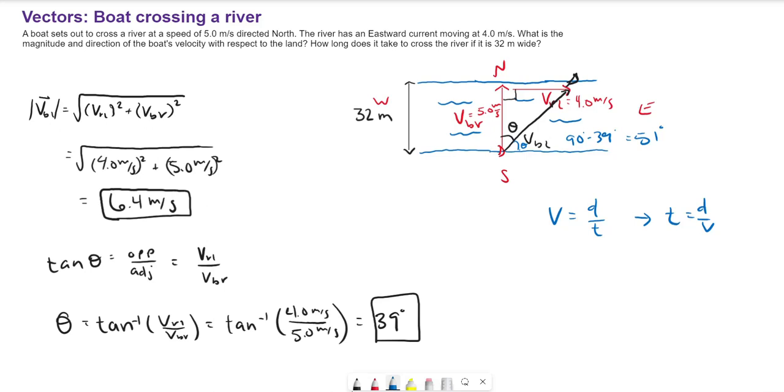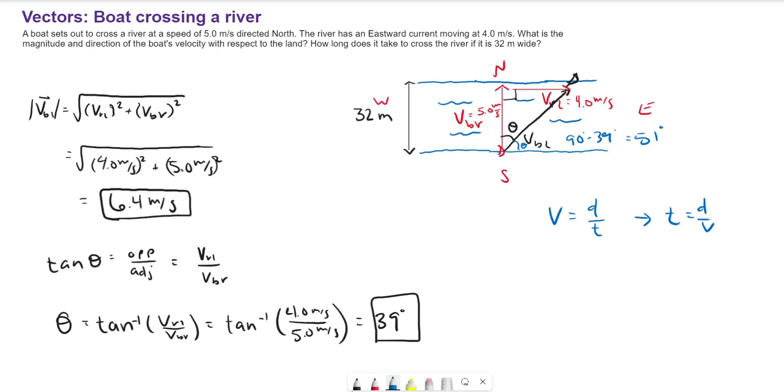What you have to do is make sure that the distance you're referring to corresponds to the velocity of that direction. In our case, we know that the width of the river is our distance. So we'll need to use the velocity that's only in the vertical direction, in the same direction as the change in position here.